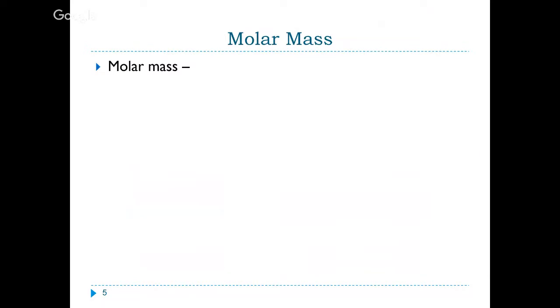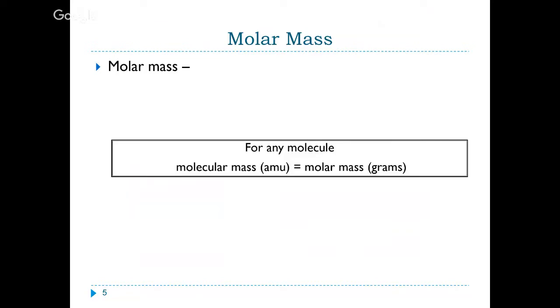So once again, how do we find the molar mass? Well, for any molecule, the molecular mass, looking at one particular unit, or the formula mass, is measured in AMUs. That is the same number when we look at 1 mole of substance and we put that into grams. So we saw previously that a molecule of sulfur dioxide weighs 64.07 atomic mass units.